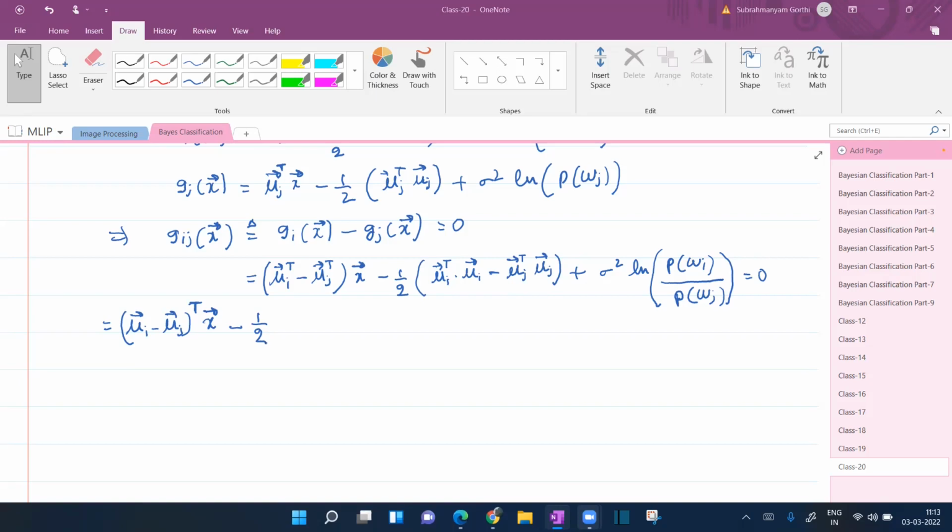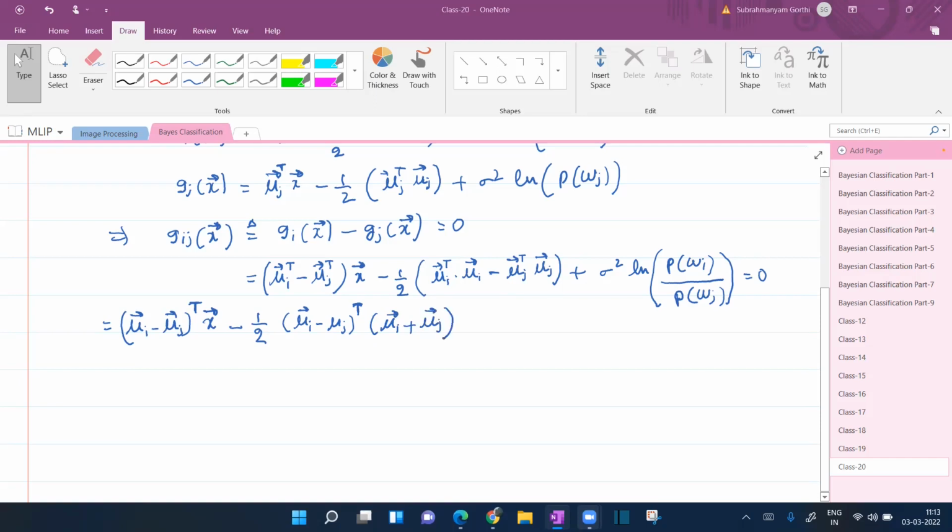So I can write it as mu i bar minus mu j bar, whole transpose here, because at the end it's a vector of 1 cross 1. So first the transpose comes, so that it becomes 1 cross L multiplied with L cross 1, resulting in 1 cross 1, into mu i bar plus mu j bar.